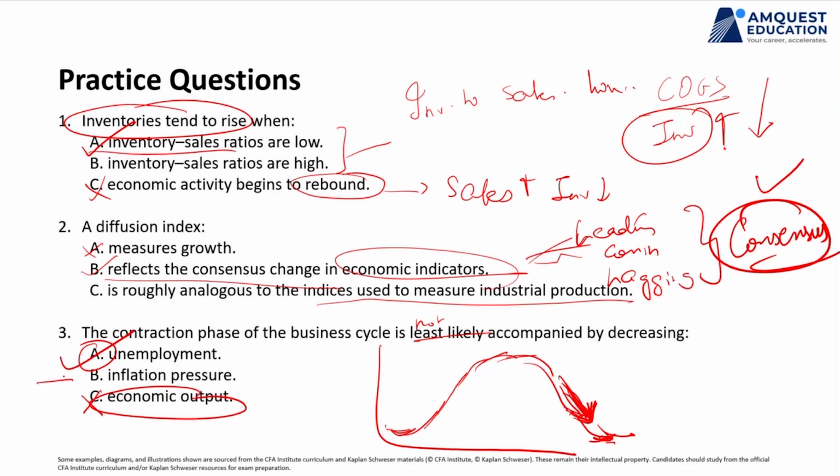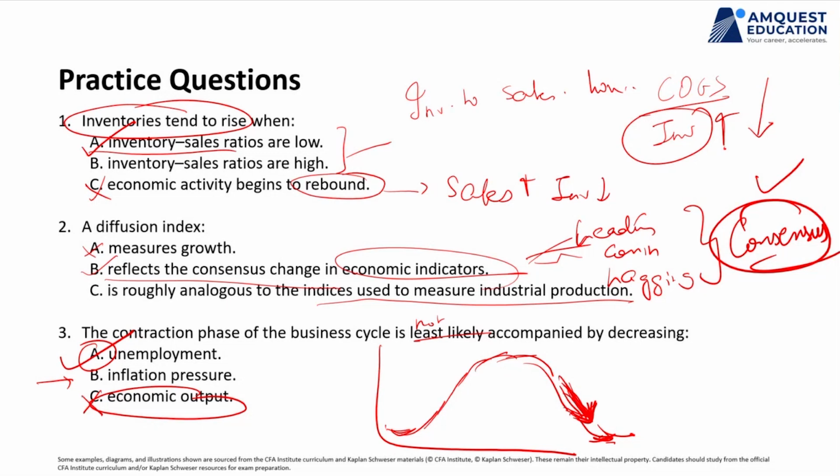And inflation, what is inflation? Inflation is the price rises. Is it not accompanied by decreasing inflation potentially? Okay. Now, because the output is decreasing, obviously, the inflation potentially also would be decreasing, right? Because output is decreasing, recession है, तो prices भी तो गिरेगा ना?